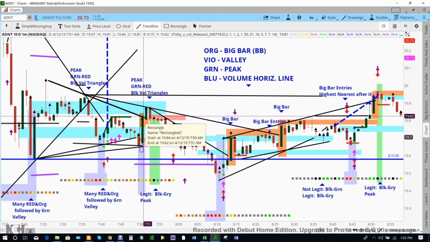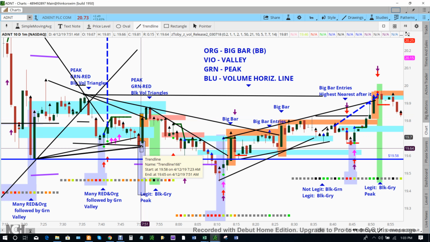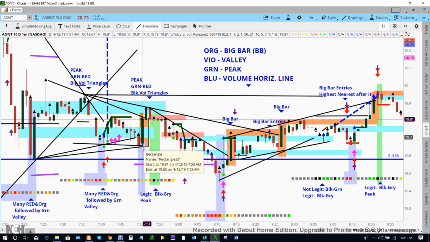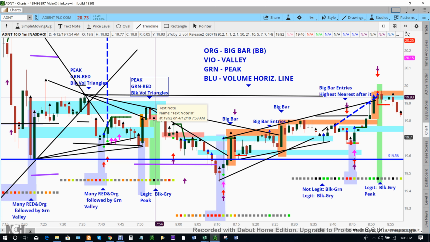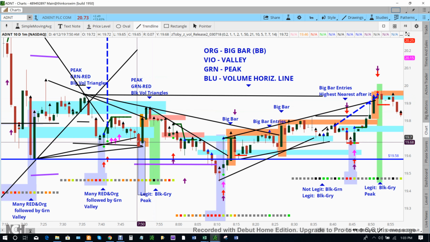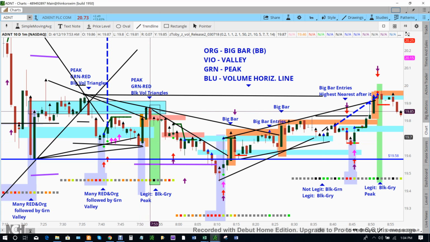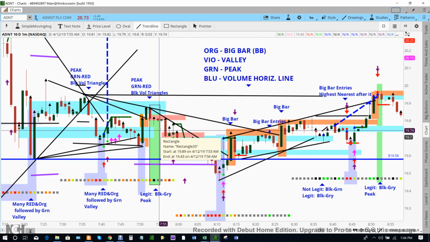So we think, oh, it's going up. We don't want to chase it, but we know that if it's a big green bar, it might have a few more green bars, and then it's got to turn around. All valleys have to go up and form a peak and turn back around again.